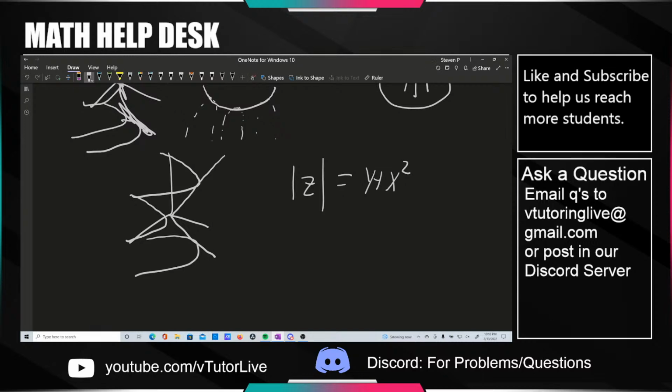It just looks like a really creased saddle now. It no longer has any curvature. These are two straight lines. But yeah, I think those are the problems.